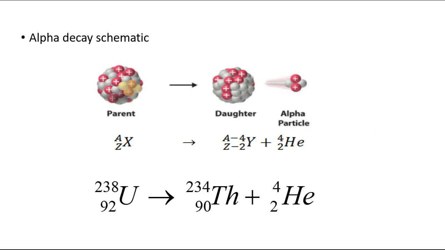Here is the equation for uranium-238 decay, and you can see the A number is decreased by 4 and the proton number is decreased by 2, and we have emission of the alpha particle.